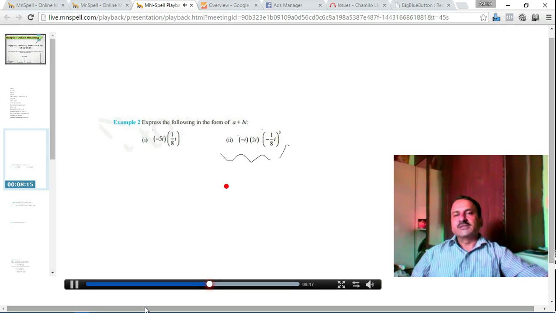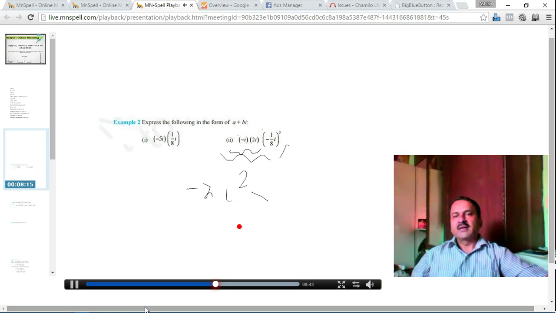You can see it. It is minus i into 2i into (1 minus 1 upon 8i) whole cube. First, if we multiply these two terms, minus i into 2i, we will get minus 2i square.